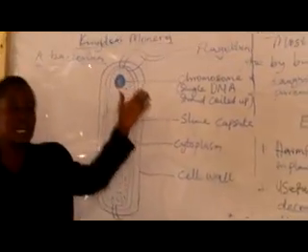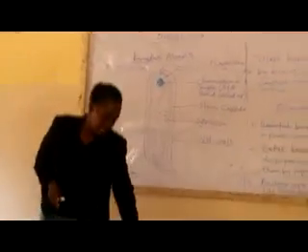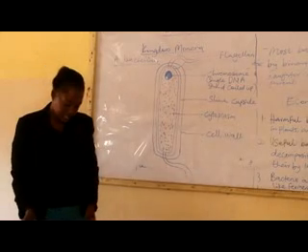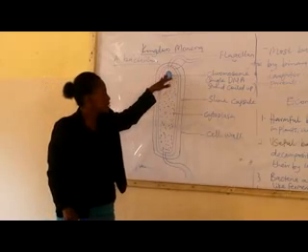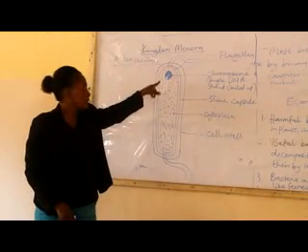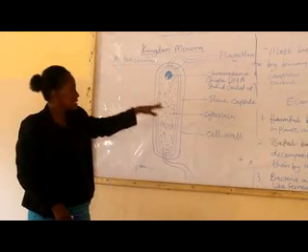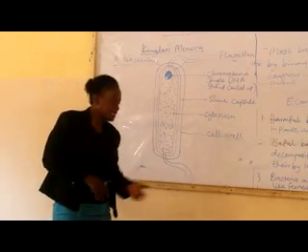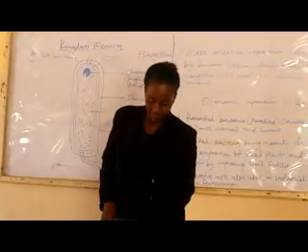This one is a motile bacterium, a bacterium that moves. Using the flagellum, you see the single nucleus. We say they are single cell. You see the slime capsule that makes them resistant to heat, the cytoplasm and the cell wall. So this is the structure of a bacterium.